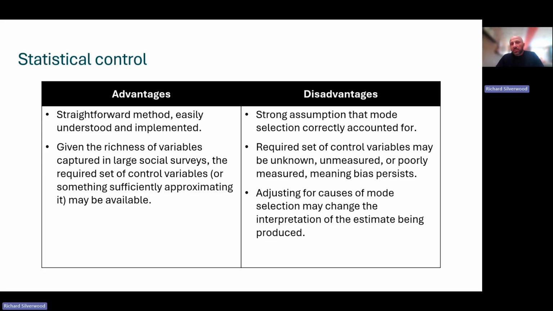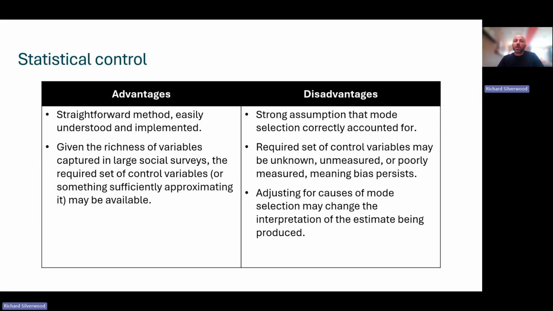However, one major disadvantage, perhaps the key disadvantage, is that it's an incredibly strong assumption that mode selection can be correctly accounted for. The required set of control variables may be unknown. We just don't know which variables we should be accounting for. We might know about them, but they've not been measured in this instance. So if it's a secondary data analysis, we've not been involved in the design and it's not been thought about, or they may be poorly measured, so themselves subject to measurement error, including potentially mode effects.